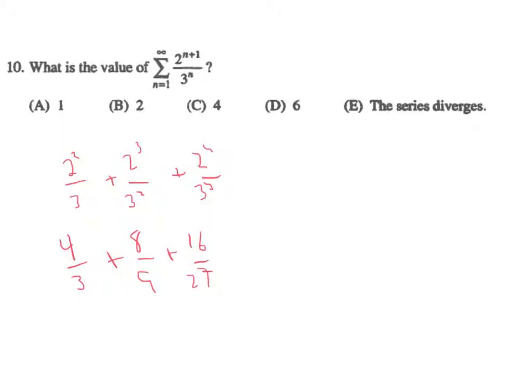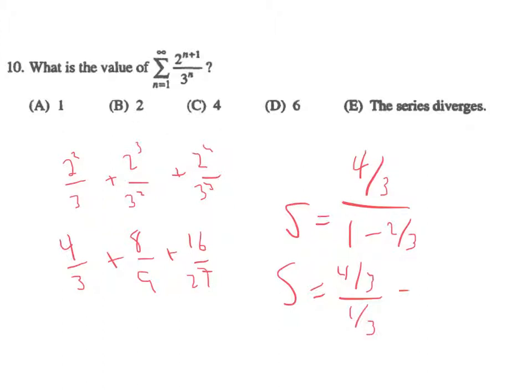Well, you can see pretty quickly that this is a geometric series, where the sum is going to be the first term, which is 4/3, over 1 minus the multiplier, and the multiplier here each time is 2/3. So S is 4/3 over 1/3, and that all comes out to 4. So the answer to number 10 should be C, and it is. Good.